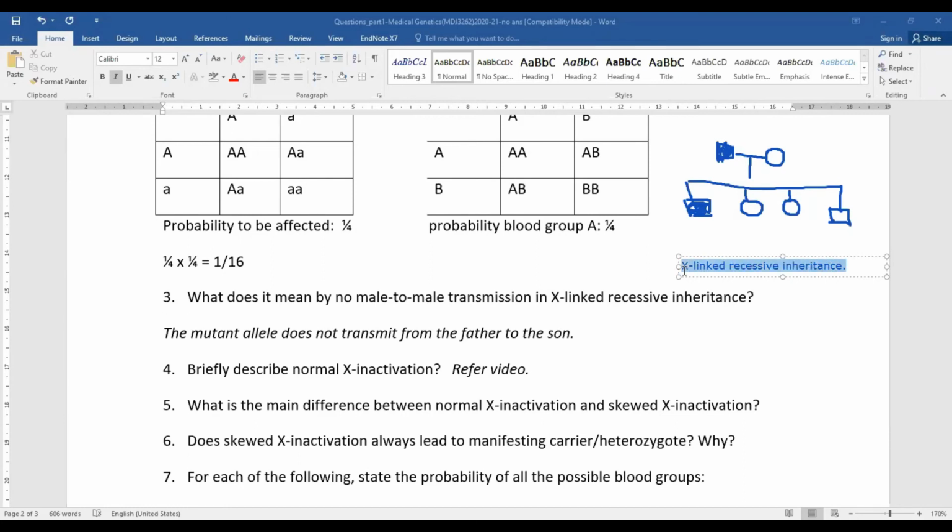When you look at this pedigree, can you say there is a male-to-male transmission? Yes or no? Father affected, son affected. Is that a male-to-male transmission?